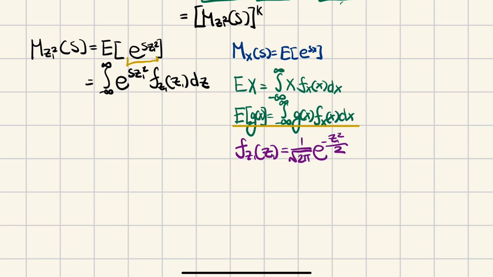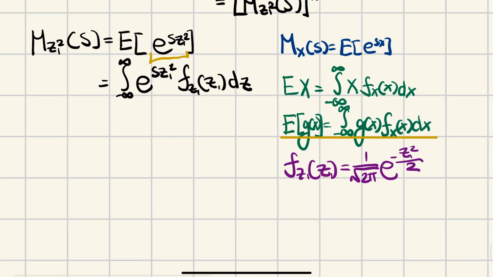This is the PDF of a standard normal distributed variable. Again, you can find this in any textbook. So now once you get f of z1, you can plug that in.